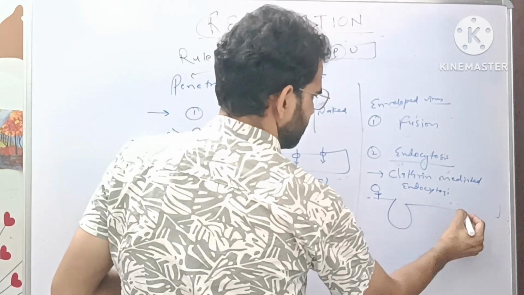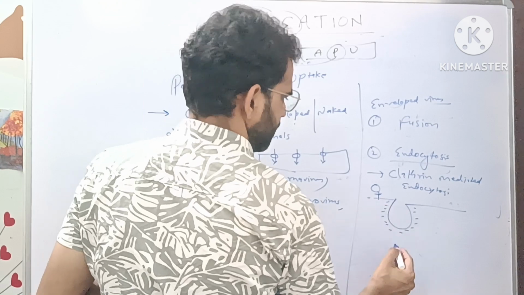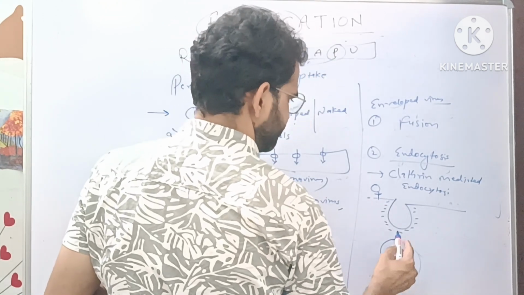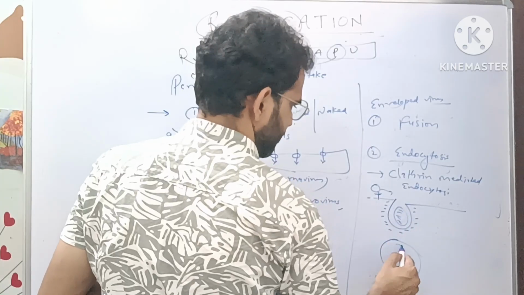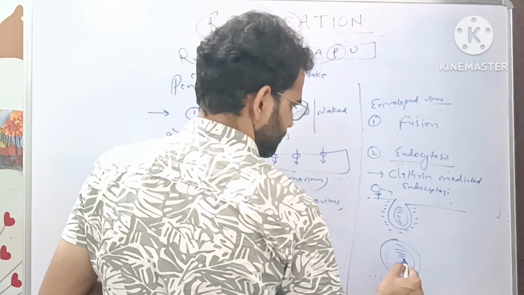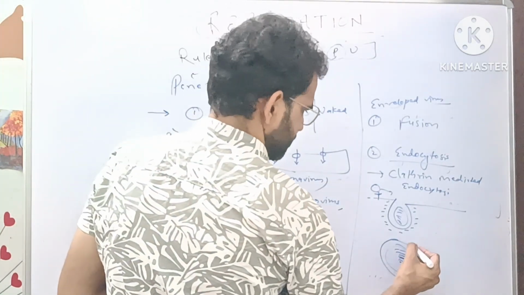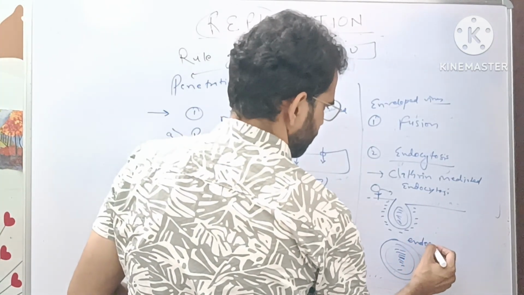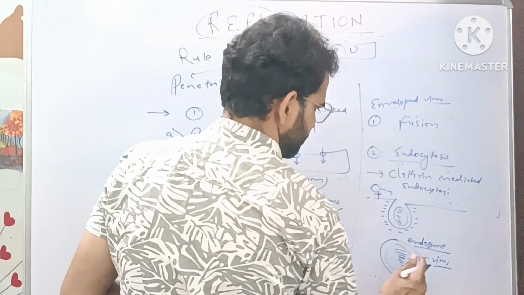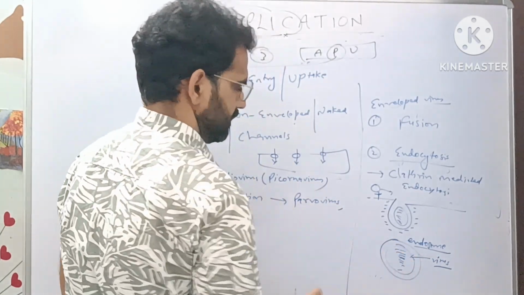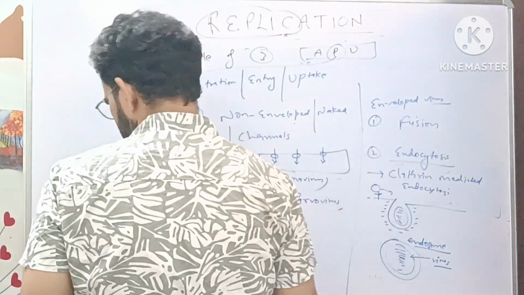Then these are the clathrin proteins below the vesicle, and the virus enters inside. These are the 8 segments. For example, this is the influenza virus having 8 segments, and this structure is known as endosome, and this is our virus. This is the virus particle. So endocytosis or direct fusion.